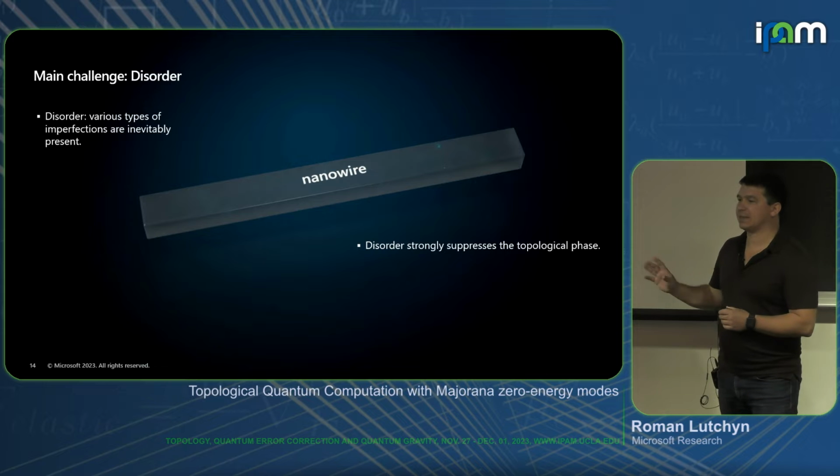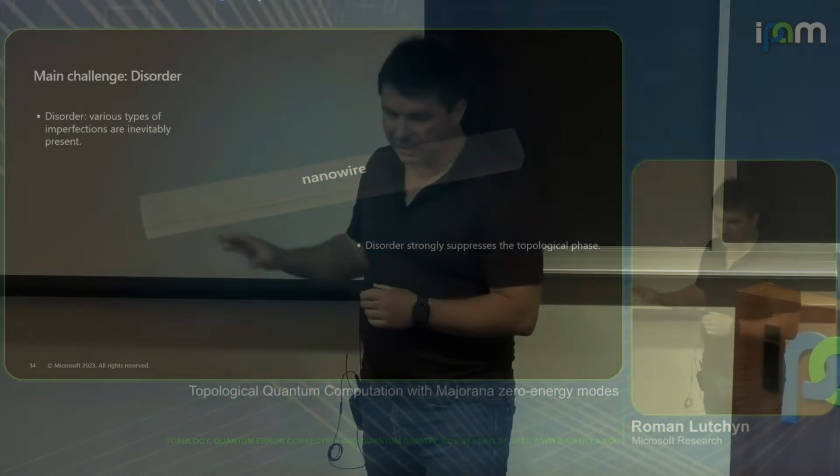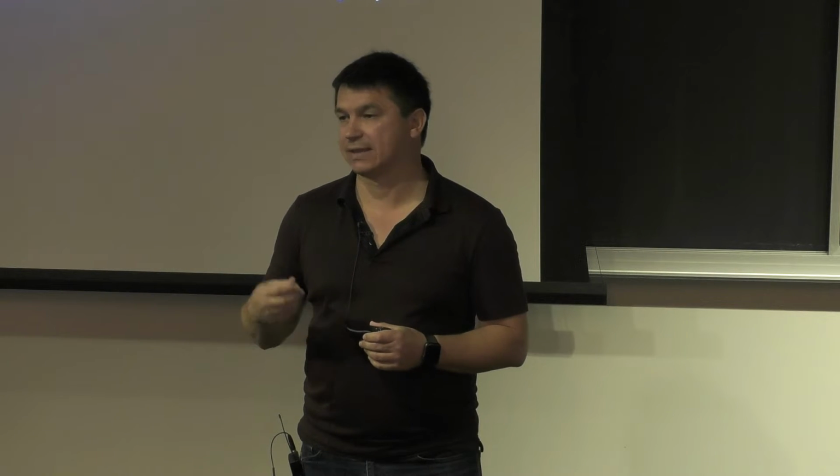If you look at some other devices and other structures, which are not designed, but just out of the box, mean free path is 10 nanometers. In quasi one-dimensional systems, mean free path is very short usually because it takes few impurities to localize the system. So we really had to improve by a factor of 100 the cleanliness of our devices.